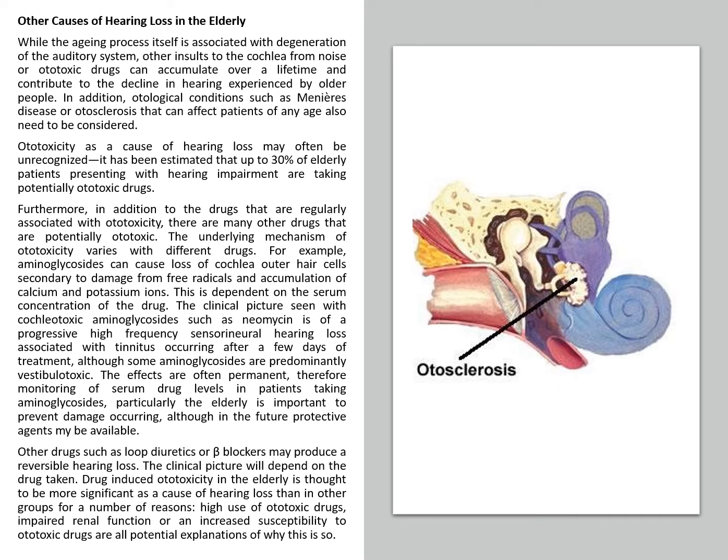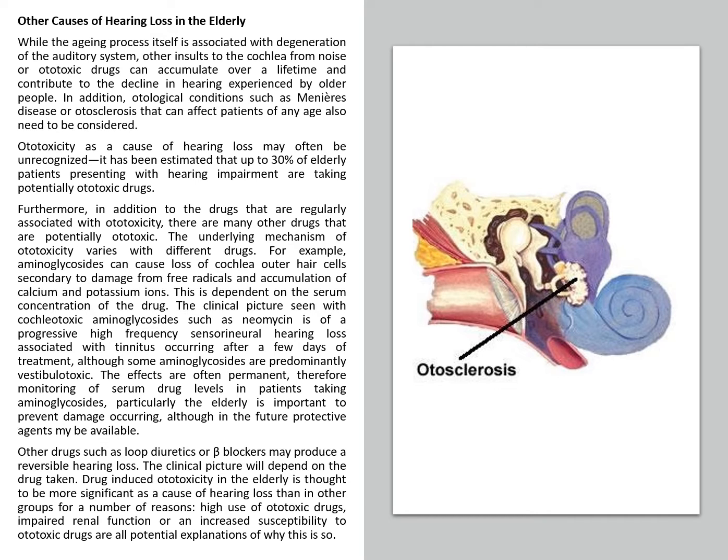In addition, otological conditions such as Meniere's disease or otosclerosis that can affect patients of any age also need to be considered. Ototoxicity as a cause of hearing loss may often be unrecognized. It has been estimated that up to 30% of elderly patients presenting with hearing impairment are taking potentially ototoxic drugs.